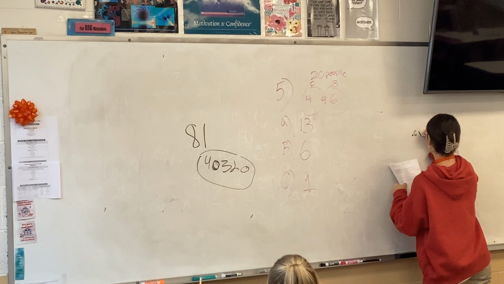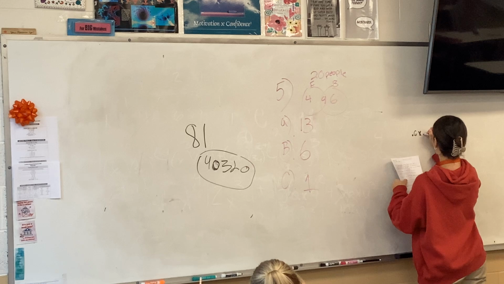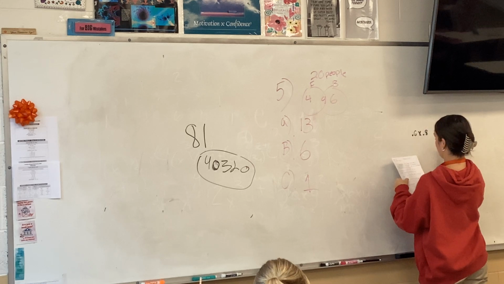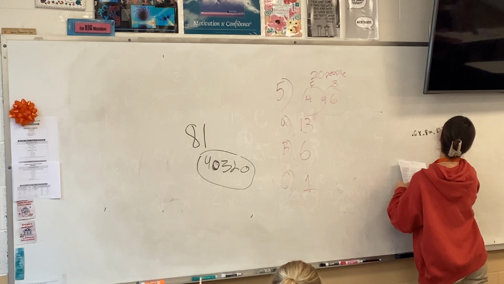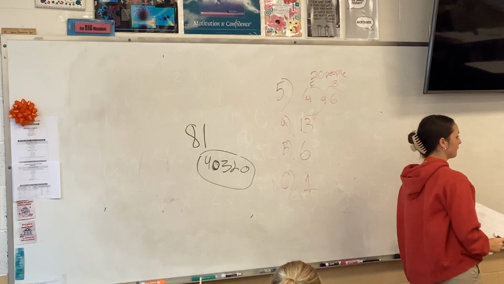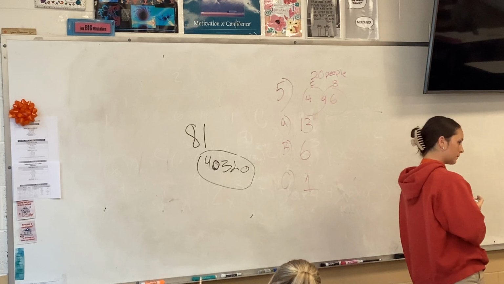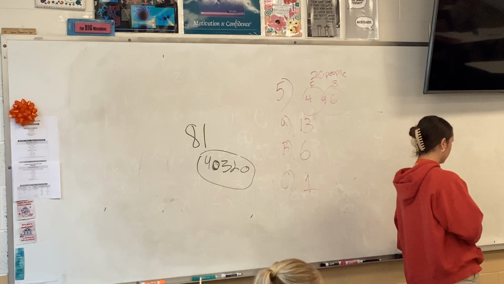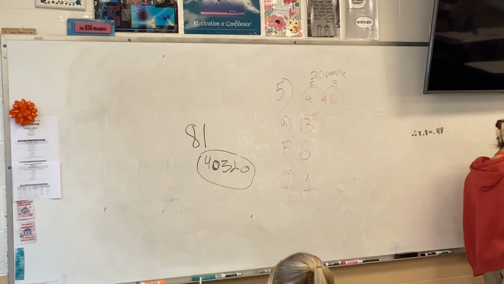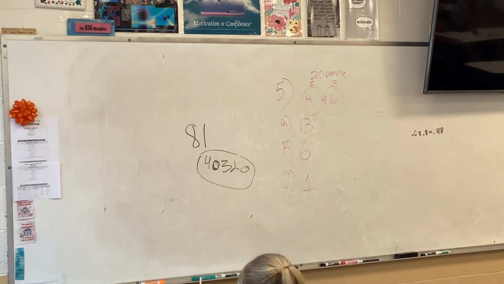And then you're gonna times that by 0.8, and then you're gonna get 0.48. So this is the not green. Does everybody understand her numbers? She took out the green people and kept everybody else.